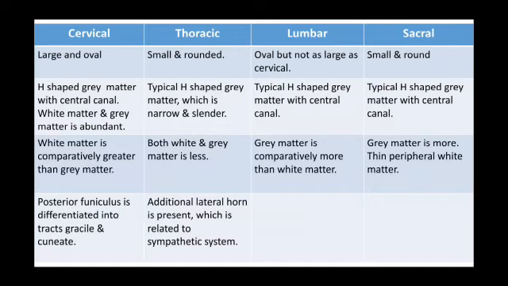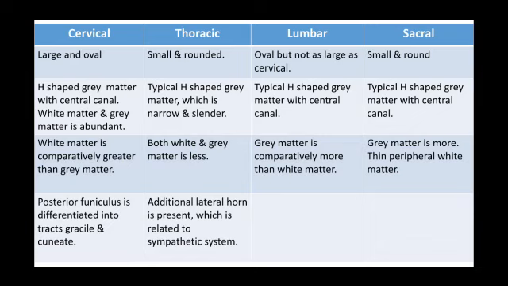In the thoracic region, both white and gray matter are less. But in the lumbar region, gray matter is more than white matter. Similarly, in the sacral region, gray matter is more and the white matter occupies only a thin peripheral part.